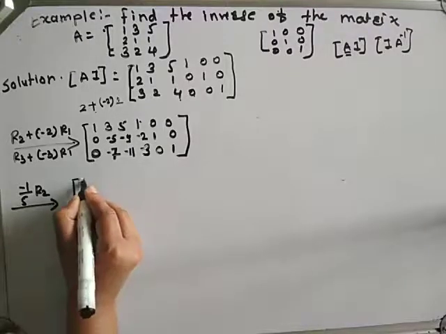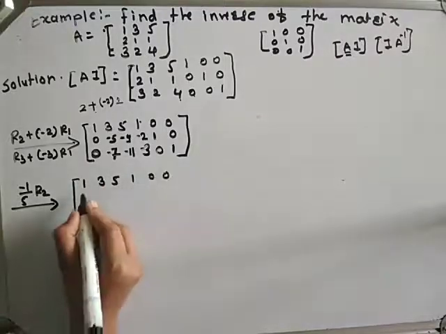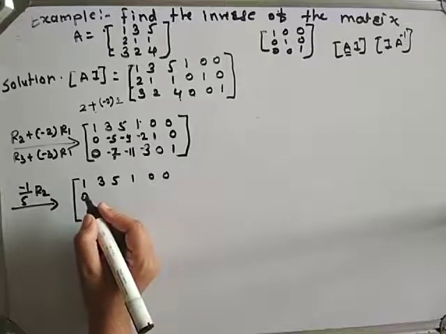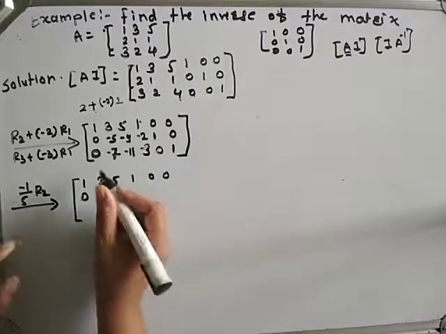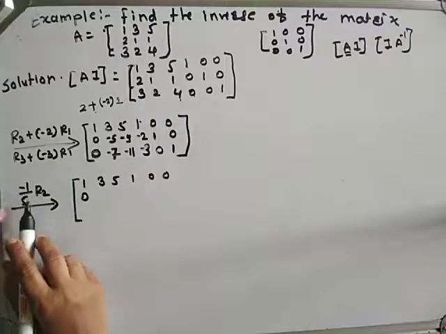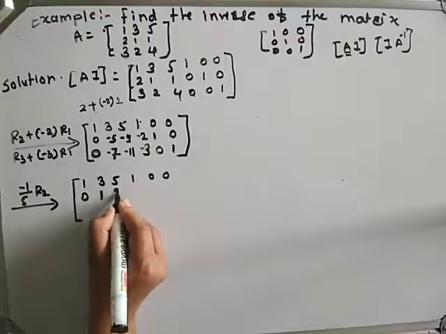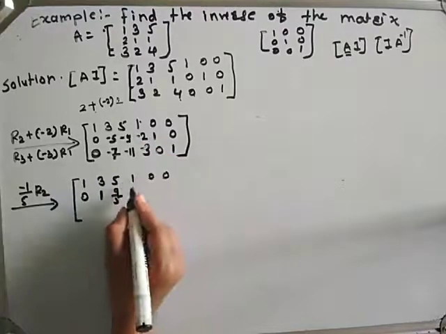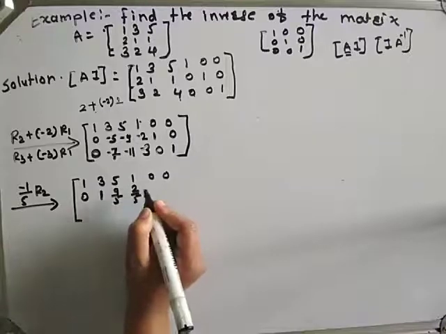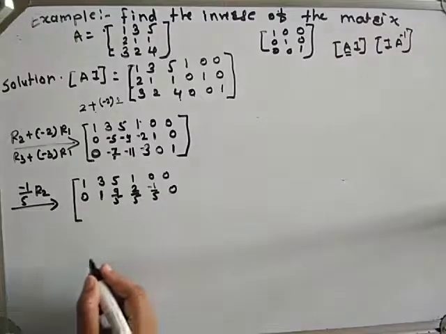The first row stays as it is, 1 0 0. Then 0 into minus 1 upon 5 is 0, minus 5 into minus 1 upon 5 is obviously 1, minus 9 into minus 1 upon 5 is 9 by 5, minus 2 into minus 1 upon 5 is 2 upon 5, then minus 1 upon 5 and 0.